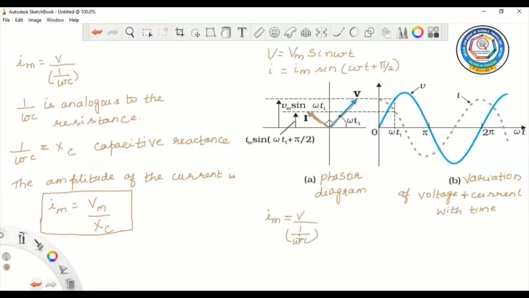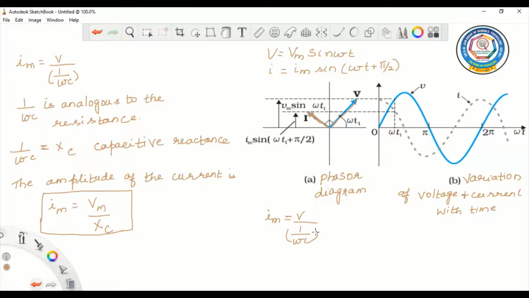So you can call this term capacitive reactance. Already we have discussed all these things. This 1 by omega c is analogous to the resistance. The capacitive reactance limits the amplitude of the current in a purely capacitive circuit in the same way as the resistance limits the current in a purely resistive circuit.